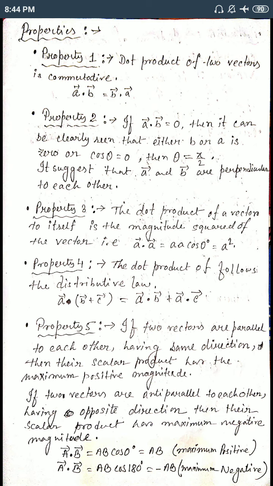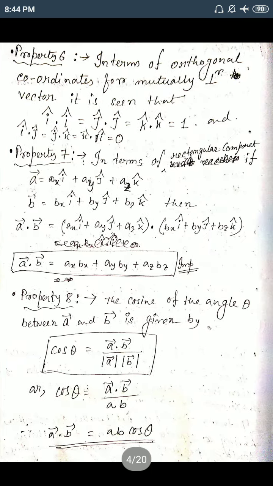And if they are anti-parallel with each other and in opposite directions, then the angle between them is 180 degrees. So A dot B equals minus AB. So that is a maximum but negative value. So we get the maximum positive value when two vectors are parallel and in the same direction, and when two vectors are in opposite directions, we get the maximum negative value.